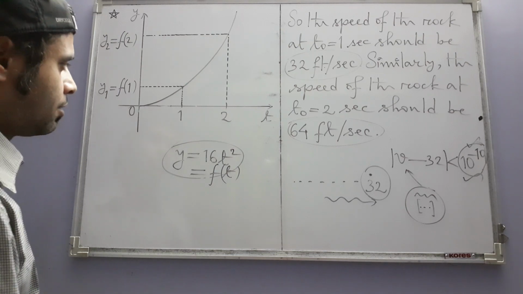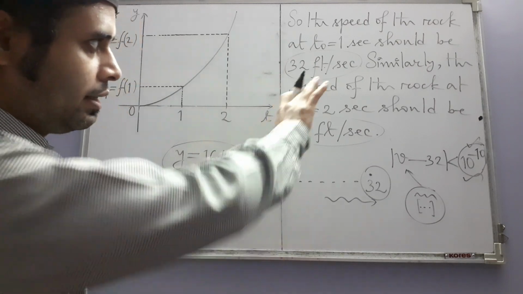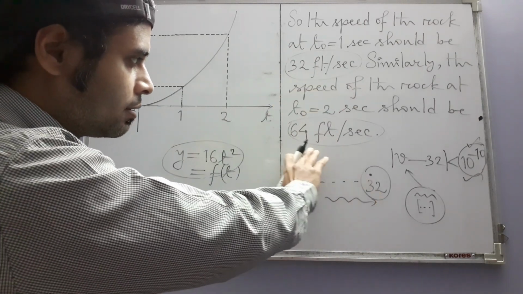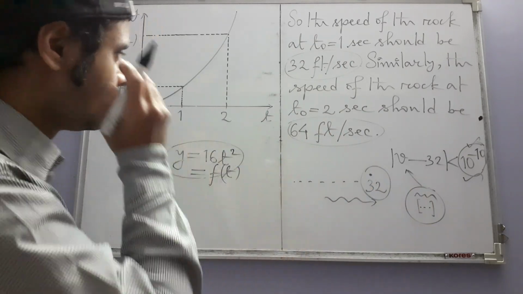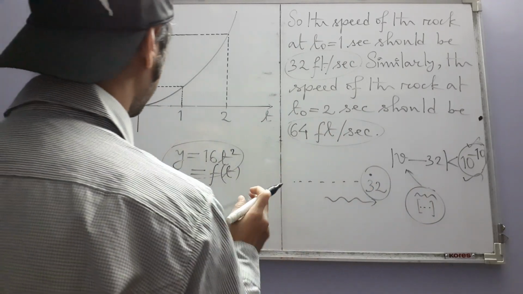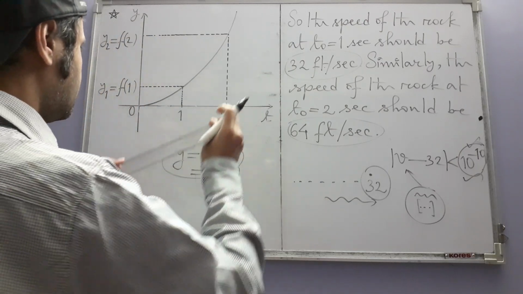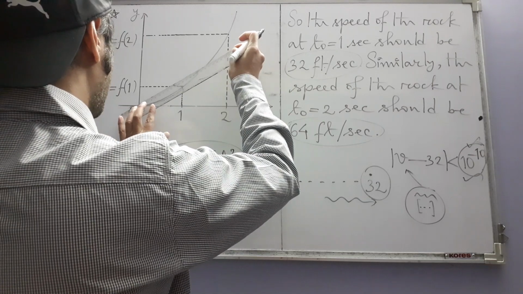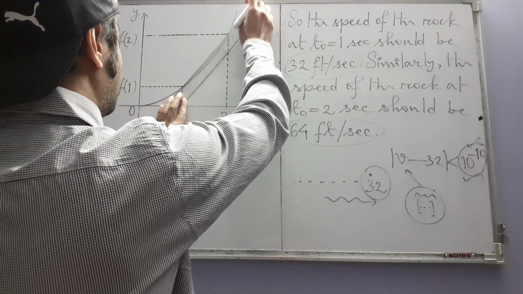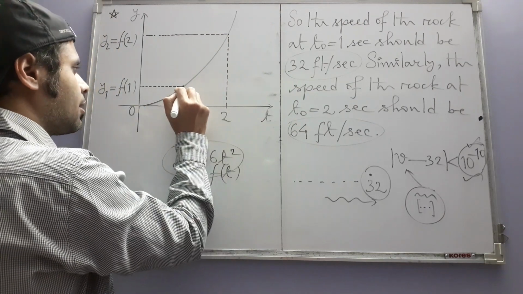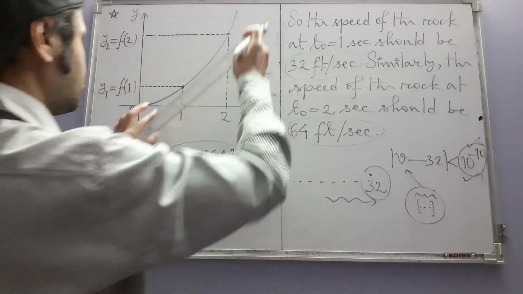Okay, and now what we are doing, we are calculating average speeds. That instantaneous speed, whatever we are trying to guess here, that is something else. Okay, let's not think about that for the moment. We come back to average speed. Now what happens is this. What I am going to do now is join these 2 points by a straight line.